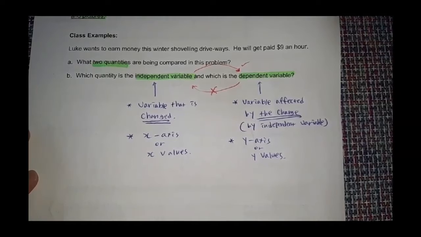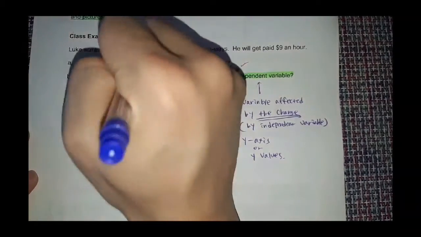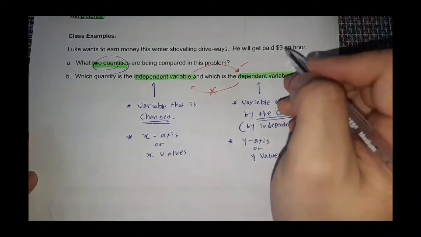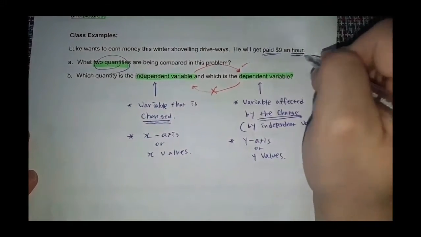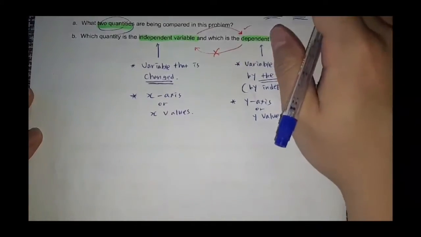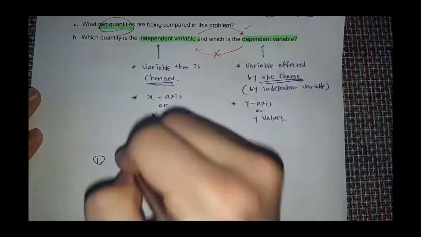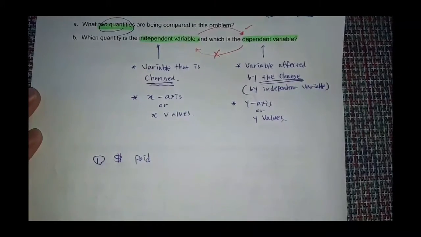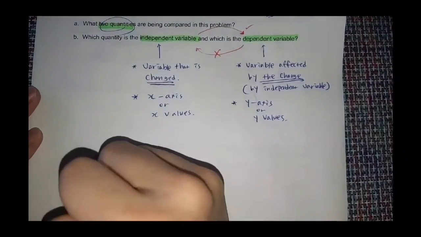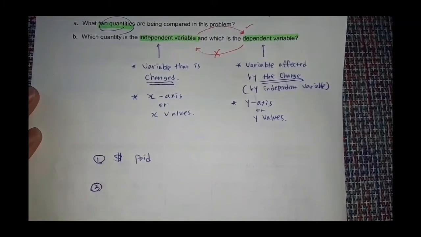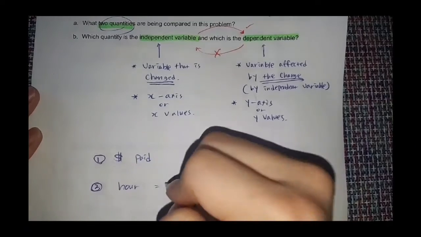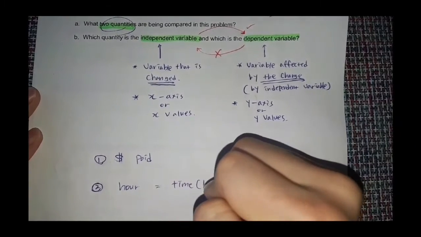Now, in this situation, it is important to first of all find out, are there two quantities mentioned? Yes. The one that is mentioned here is the amount of money that is being paid. That's one of the quantities. The second quantity is the hours, which is time in hours.